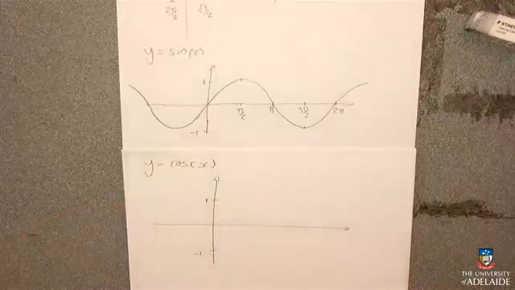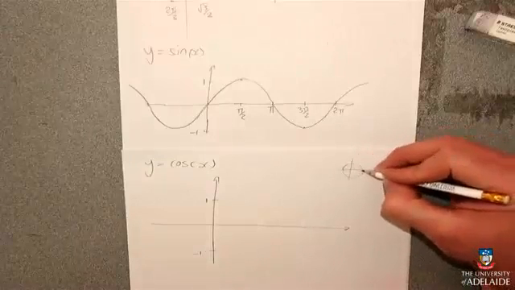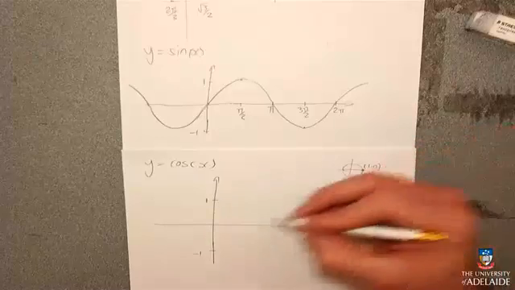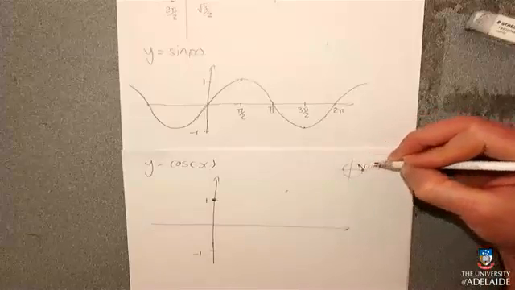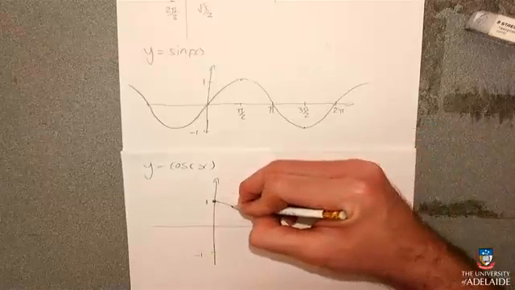Cos of 0 is 1, because on my unit circle, a 0 angle is there, and it's got coordinates 1, 0. So cos of 0 is 1, so it starts up here. And as this point moves around the unit circle, the x-coordinate gets smaller and smaller, and so it goes down first.